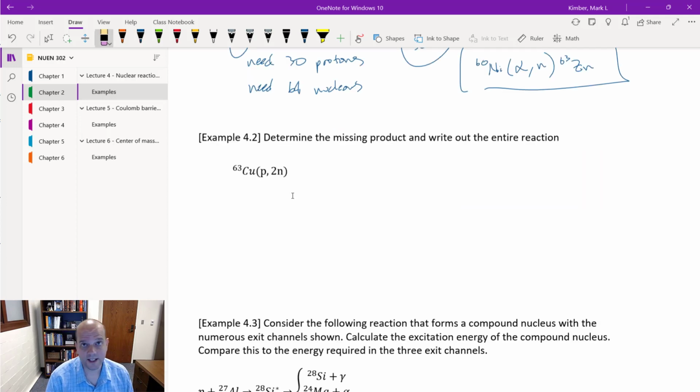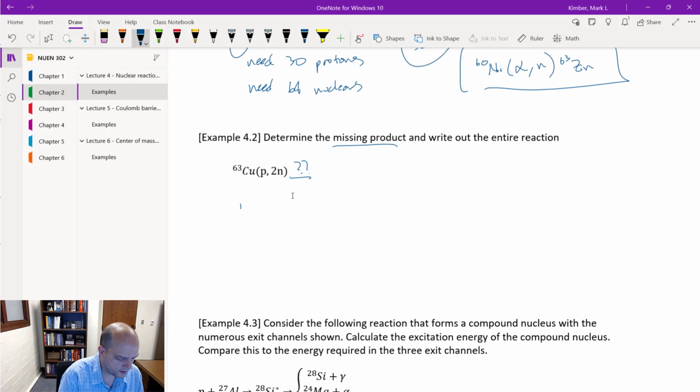Okay, on the second example, we're going to do the opposite. Instead of starting with the reaction equation and producing the shorthand, we are going to start with a shorthand and write out the equation. We're missing one of the products here, and we don't know what goes there, but we can start writing this out.